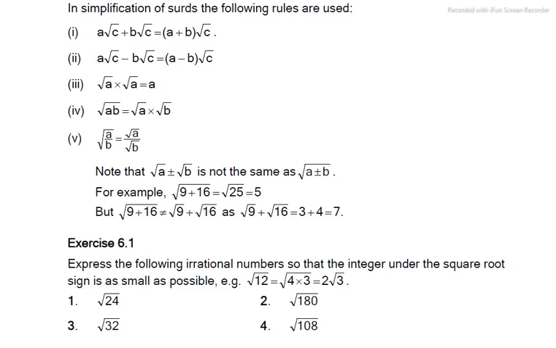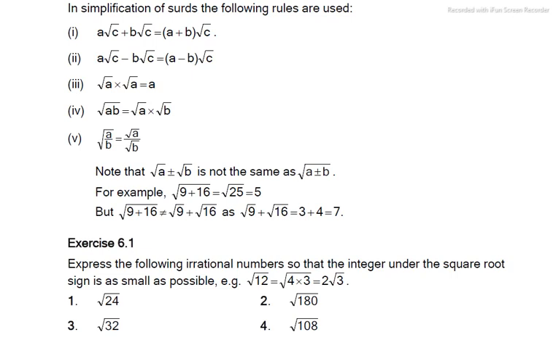Then in rule number 3, if we are multiplying two roots but with the same figure in the bracket, that is the same as the square root of that figure squared.